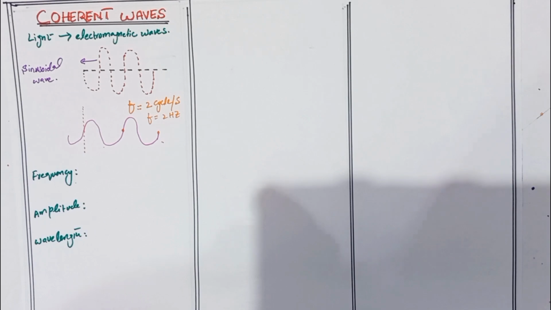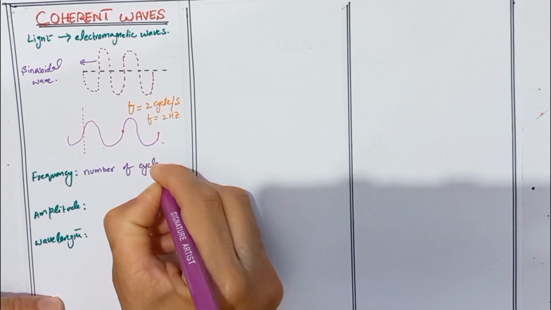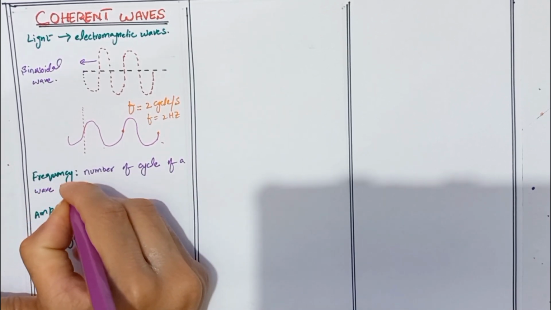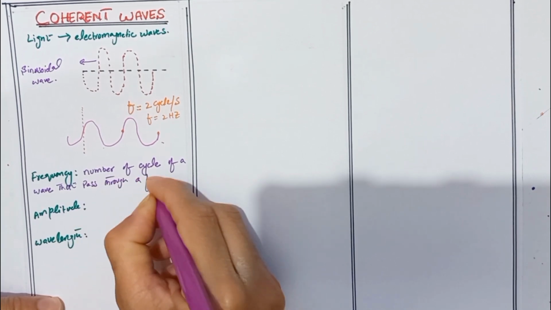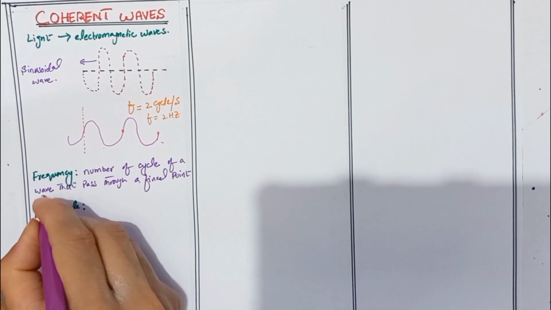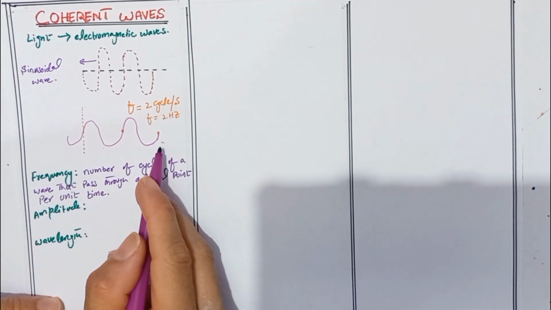What is the definition? The number of cycles of a wave that pass through a fixed point per unit time is known as the frequency of the wave.